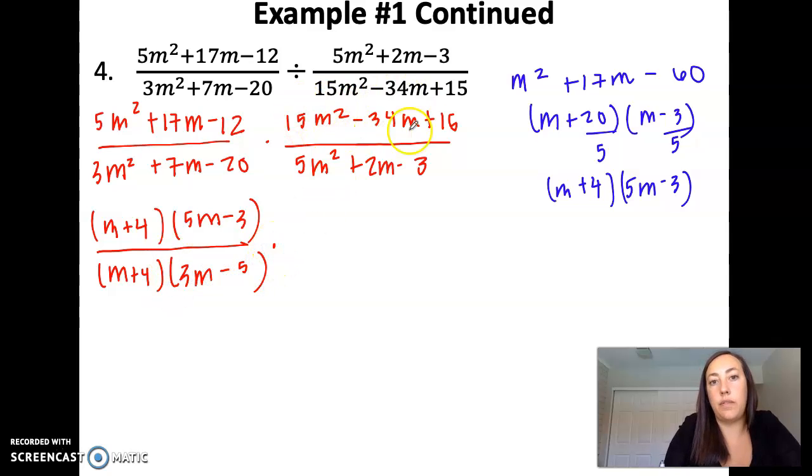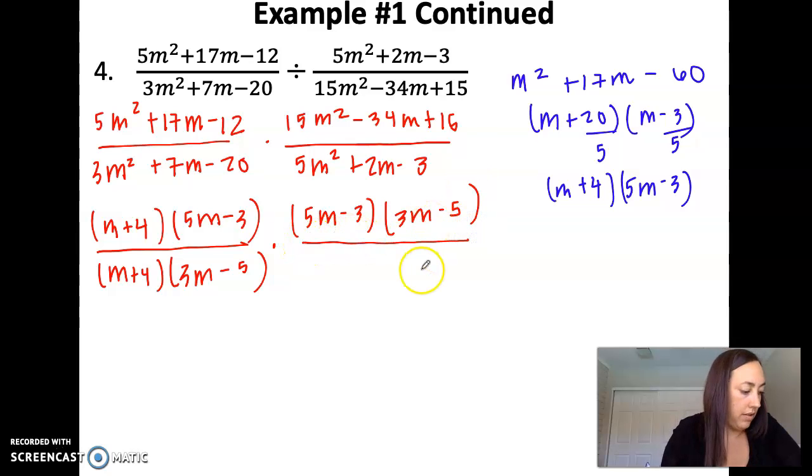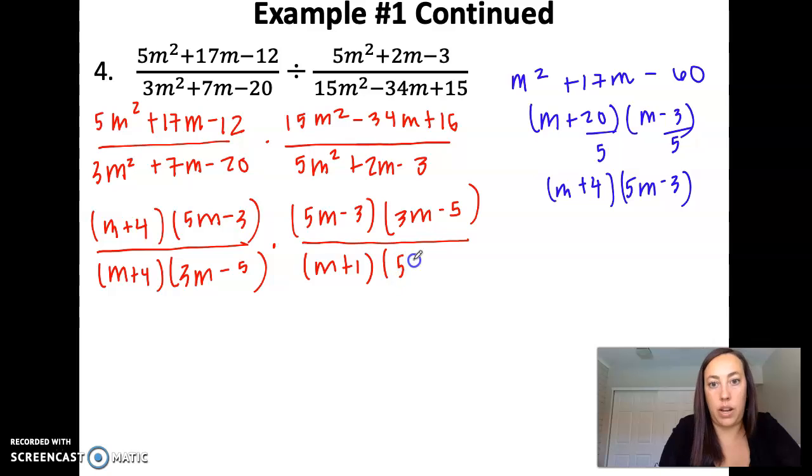We'd have to factor the 15m squared minus 34m plus 15. That factors to be 5m minus 3 times 3m minus 5. And then last, you'd have to factor that last one. It would be m plus 1 times 5m minus 3.